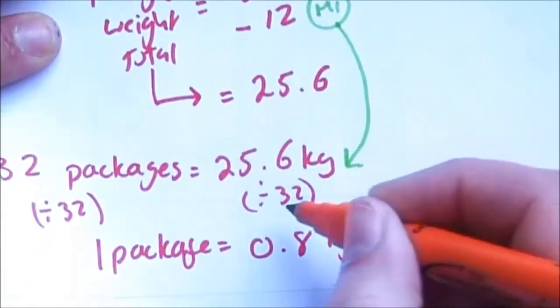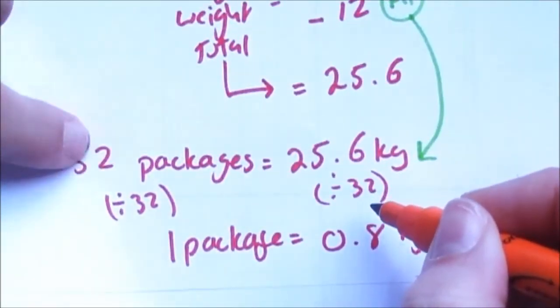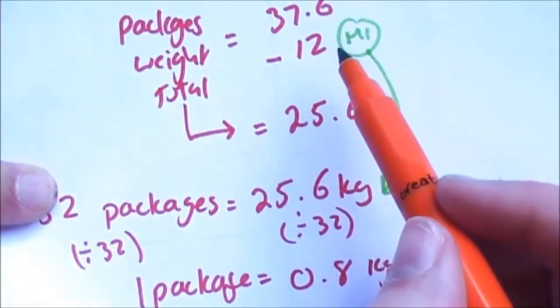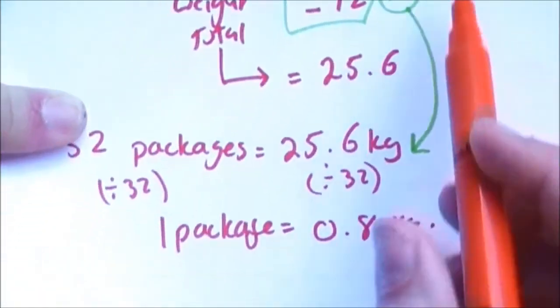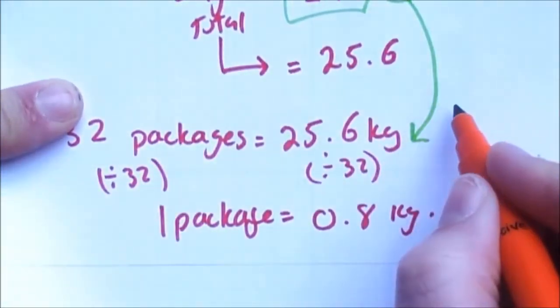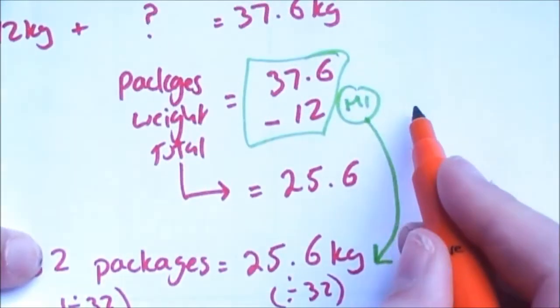Okay, and again, if you didn't manage to get 32, but you've divided that incorrect answer by your incorrect answer, then you will get that method mark as a follow-through.